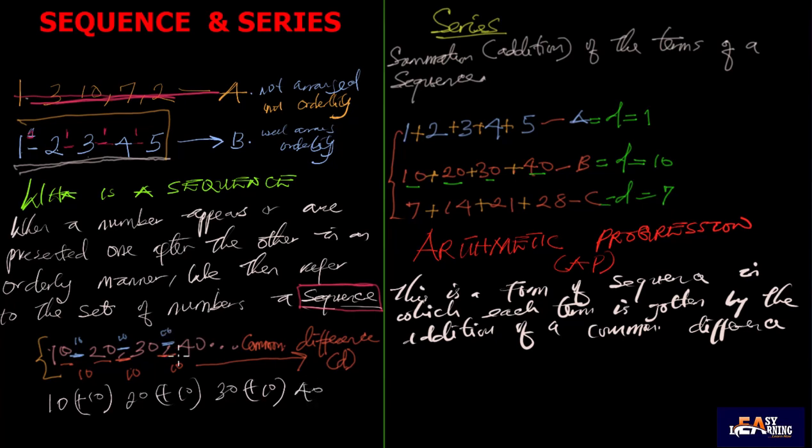So when you add a common difference to a preceding number, that kind of sequence is what we call an arithmetic progression, an AP, a sequence formed by adding a common difference to the preceding one.